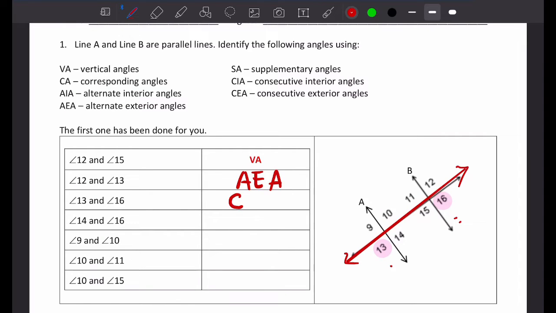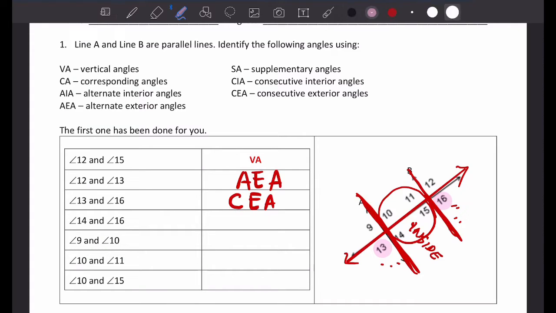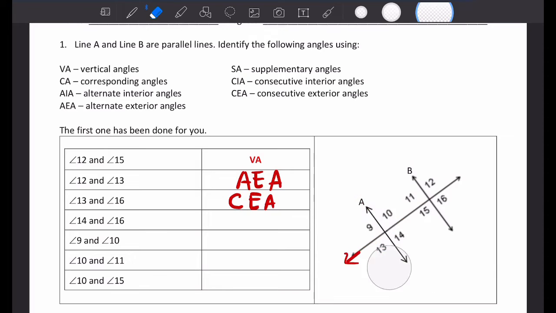Okay, and then the angles are also outside the parallel lines. Okay, this is inside. This is interior. So this one means exterior. So they're called consecutive exterior angles because they are on the same side. Okay? So let's go do the next one.